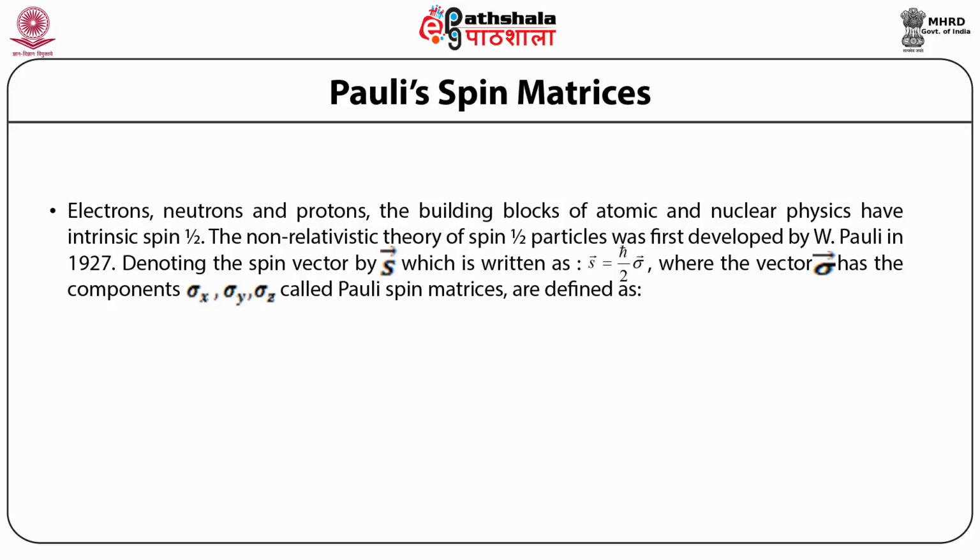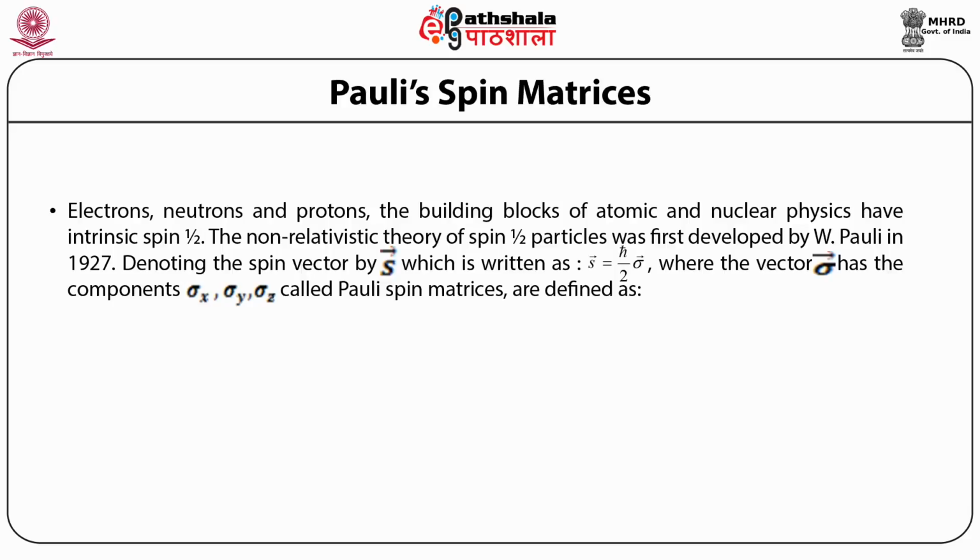They are Fermi particles because we all know that any particle which has a half integral spin is a fermion, and a particle which has a zero or an integral spin is a boson. So the concept of incorporating the spin of the electrons and the neutrons and the protons into the overall quantum mechanical formalism was first developed by Wolfgang Pauli in 1927.